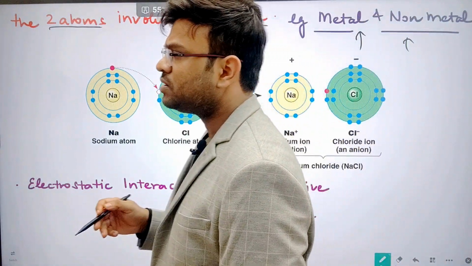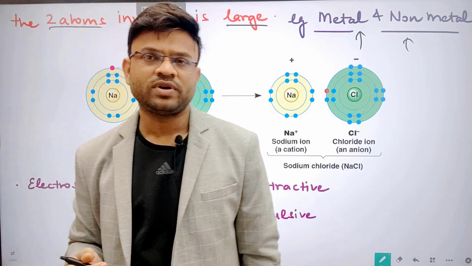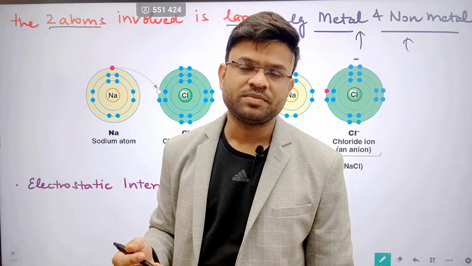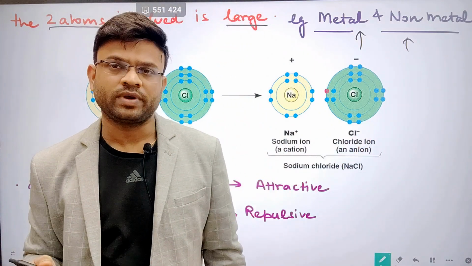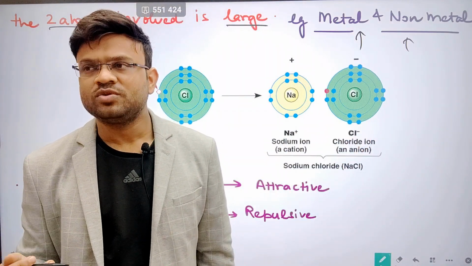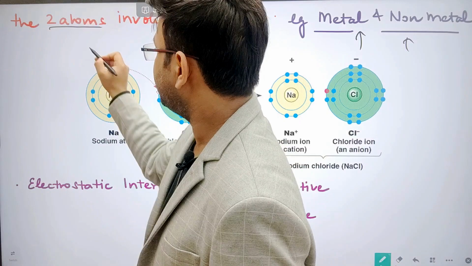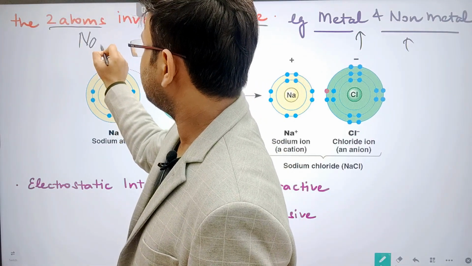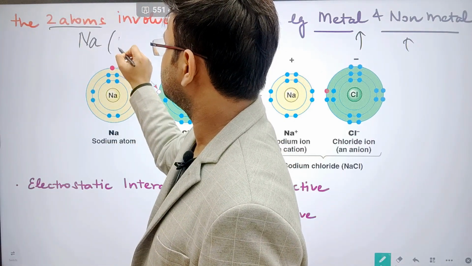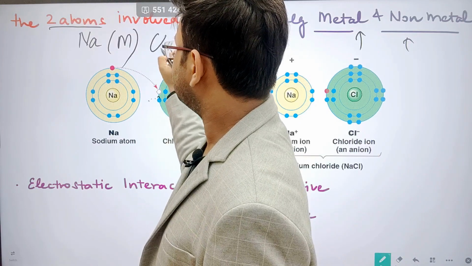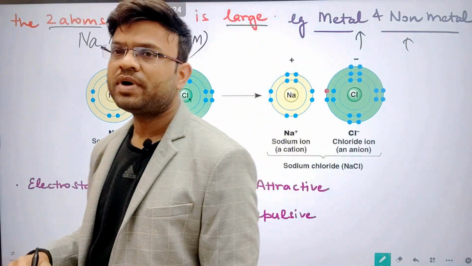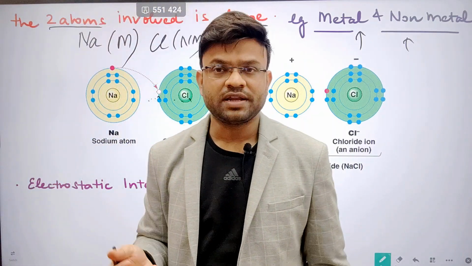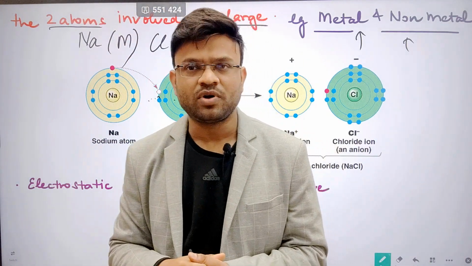What do you know about metals and non-metals? For example, sodium is a metal, and a non-metal, for example, chlorine. You might have studied this numerous times, sodium chloride, NaCl. So Na is an example of a metal, and chlorine is an example of a non-metal. So they can join together to form the ionic bond.